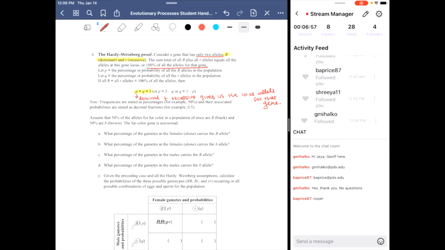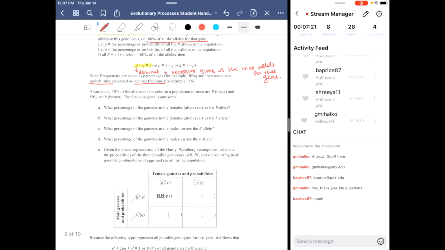Oh, and it's also important to note that frequencies are usually stated as percentages, and their associated probabilities are given as decimals. So if a question asks what is the frequency, you would give it in a percentage, but if it asks what are the probabilities, then make sure to give it as a decimal fraction.